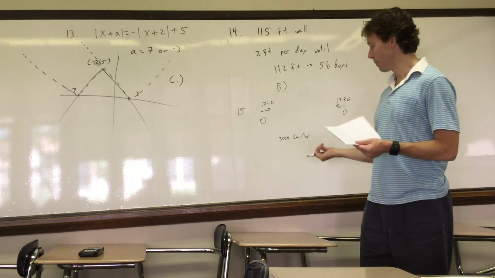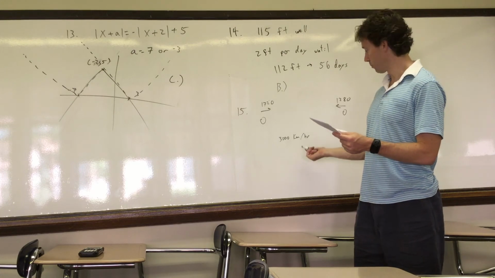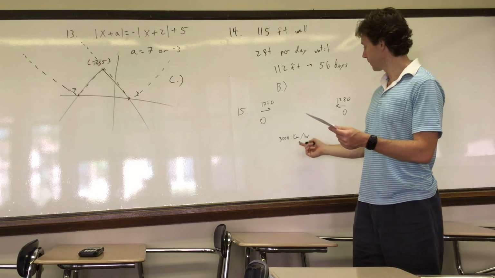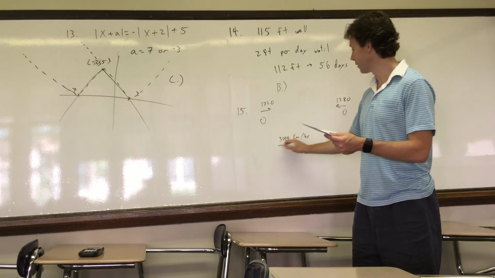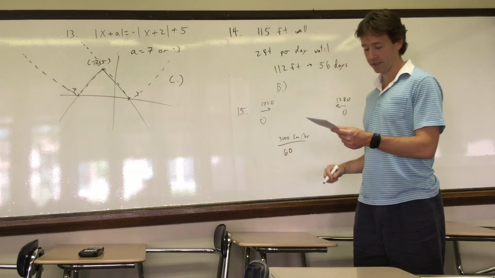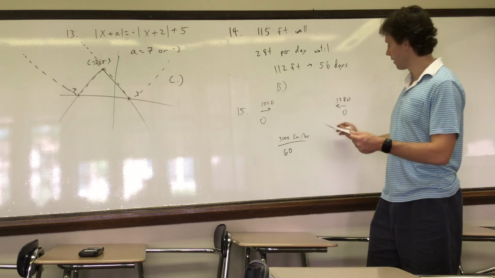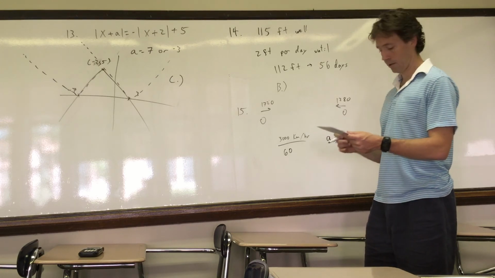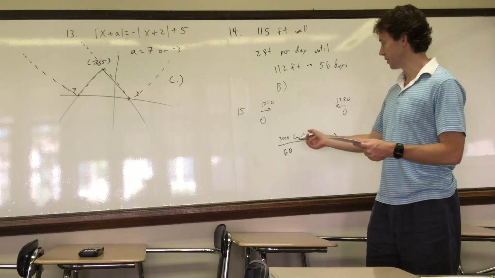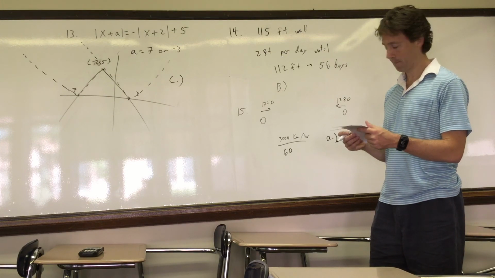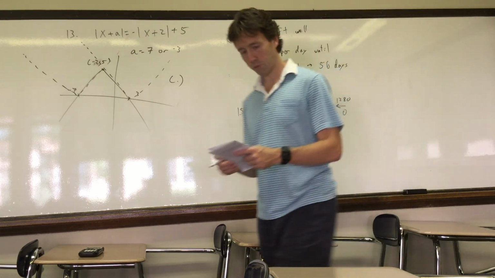This is how many kilometers they move in 1 hour. In 1 minute, they move 1/60th of that. I didn't even have to add these numbers because answer A is the same value. Okay, so that's the next 5.